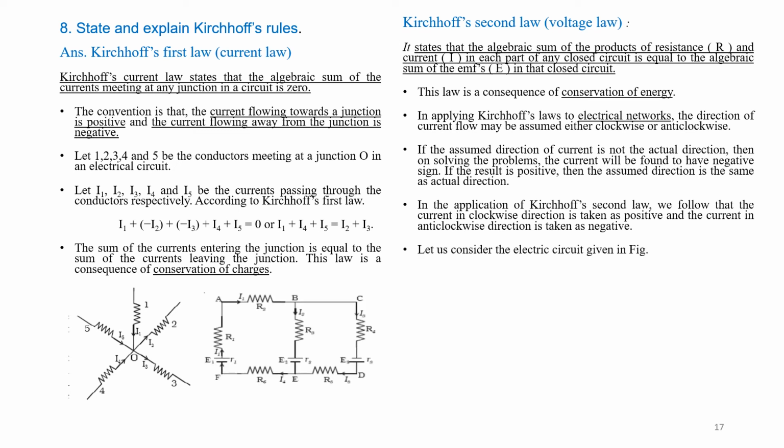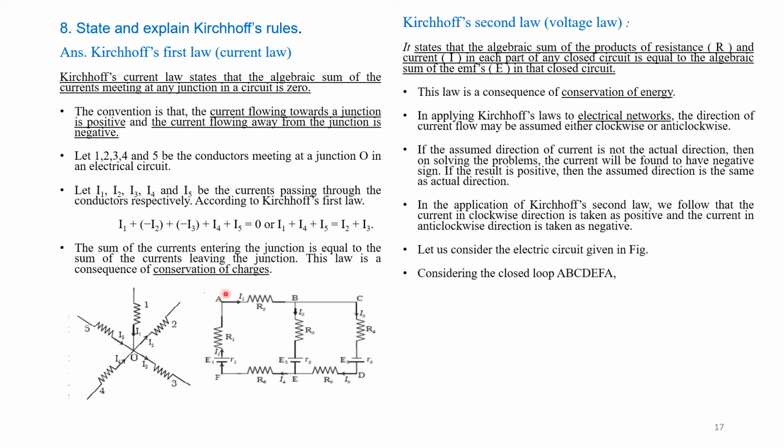Let us consider the circuit given in the figure. Considering the closed loop A, B, C, D, E, F, A, after going around the mesh we have to come back to the same starting point.